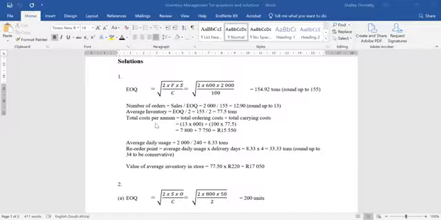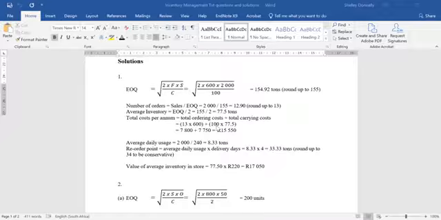Now, the total costs per annum, remember, are your total ordering costs plus your total carrying costs. And the ordering costs, if you order 13 times and each time you order, it costs you 600, that'll be your total ordering costs. Your total holding or carrying costs will be your average inventory of 77.5 tons times your carrying cost per unit per annum.